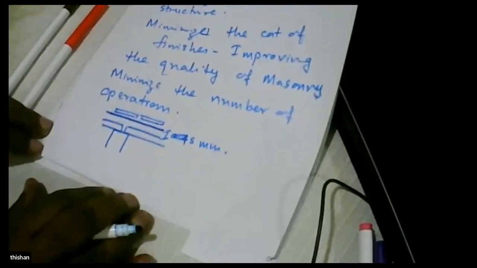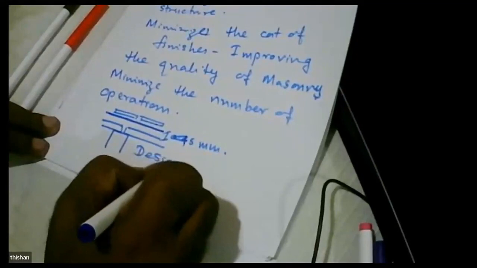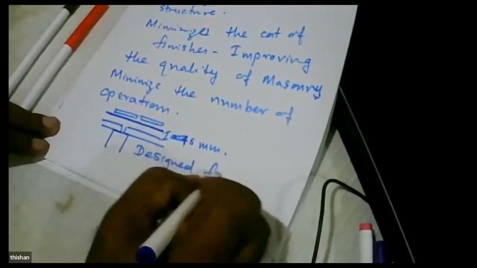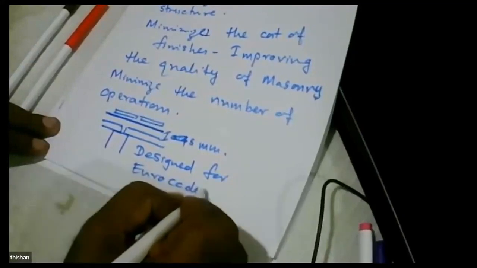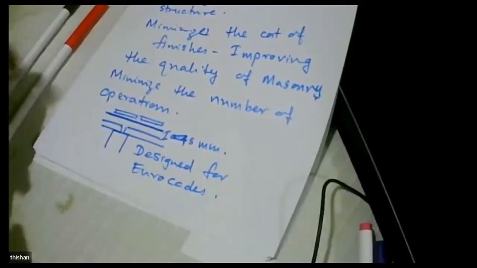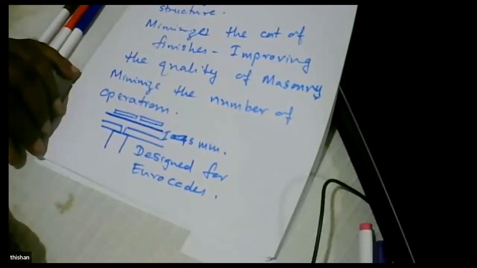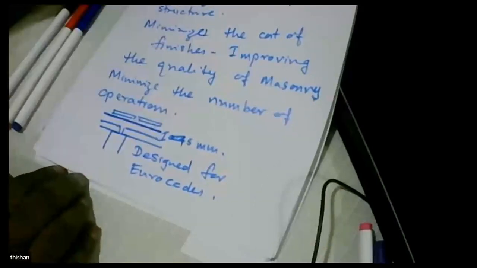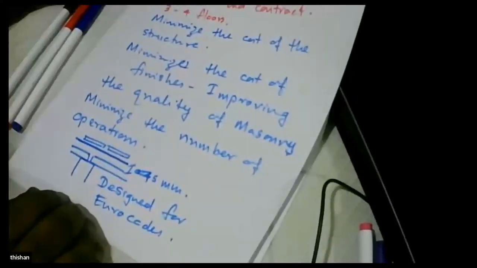And the other important thing is this can be designed for Eurocodes. Though it was initially developed for British codes, you can design it for Eurocodes as well. So, is that all clear, Bandhuka? Yes, that is clear, sir.